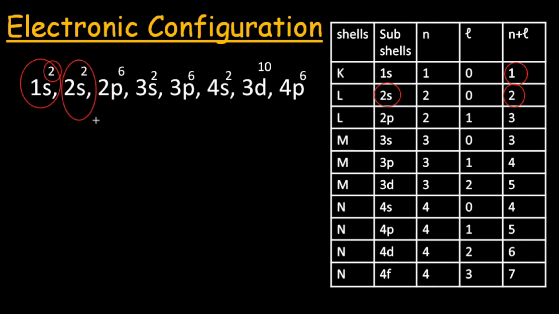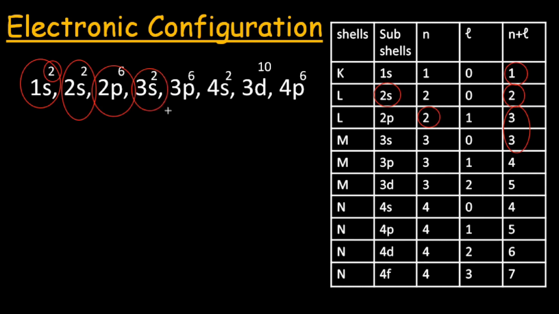Then you have to fill the 2s orbital with 2 electrons. Then 2p. Between 2p and 3p, you have to fill 2p first because it has small n value. As the p orbital can accommodate 6 electrons, you have to fill 2p with 6 electrons.